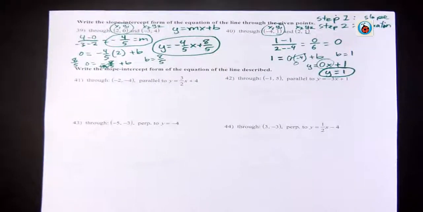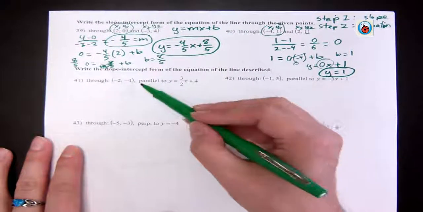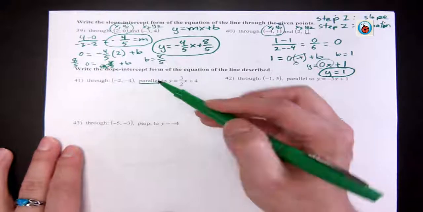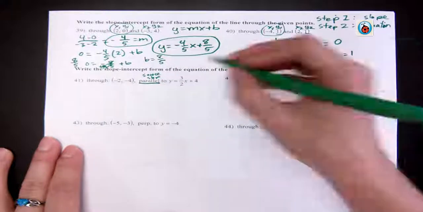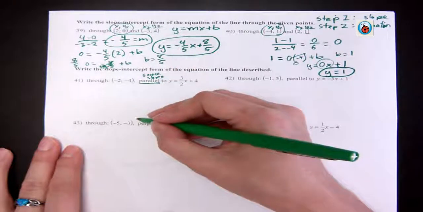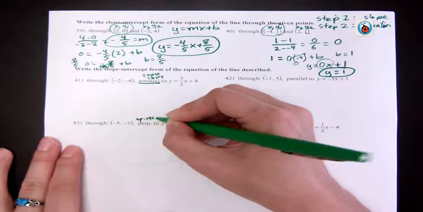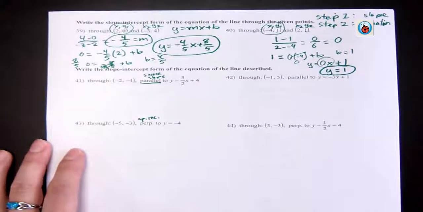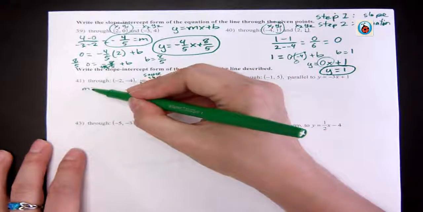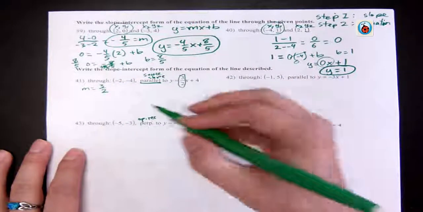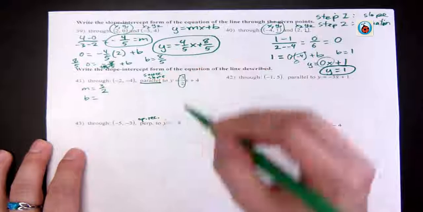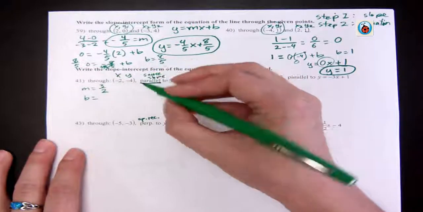Alright, and the last step is almost the same. It's just now we're adding in our parallel, which is same slope, and our perpendicular, which is the opposite reciprocal. And so my slope is that same 3/2. My b I have to solve for. So there's my x and y.